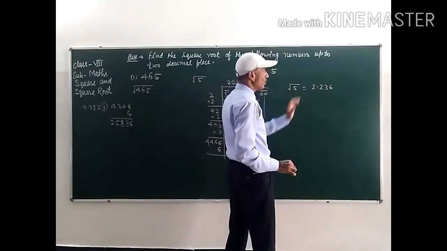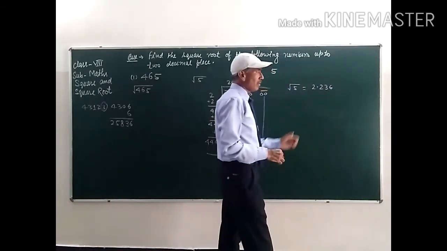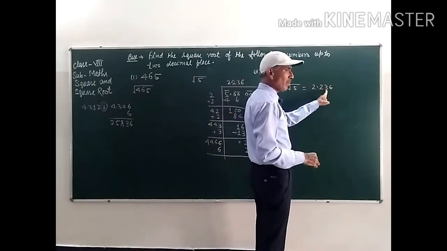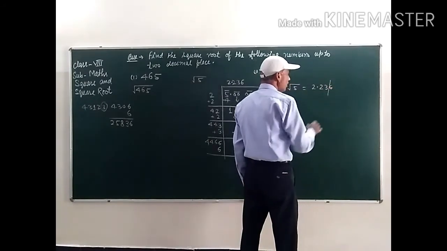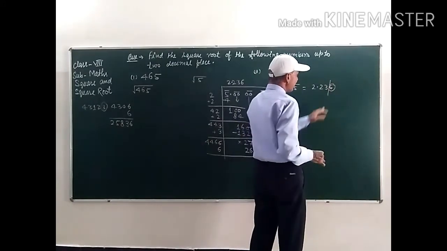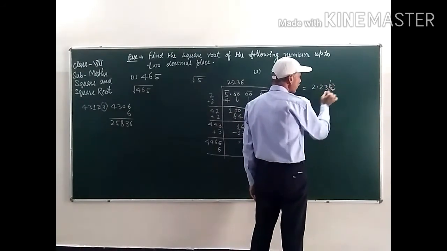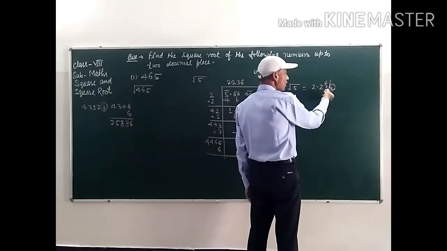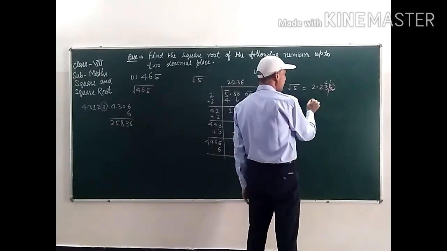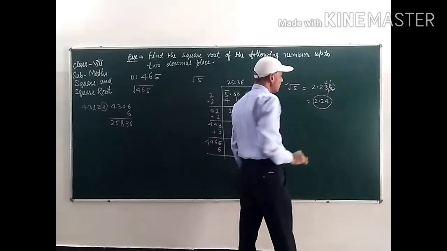If the number is 5, you have to add 1 in this number. You need not do this place, but this number is greater than 4, so you have to add 1 more in this number. So that is 2.24. This is the square root of this number.